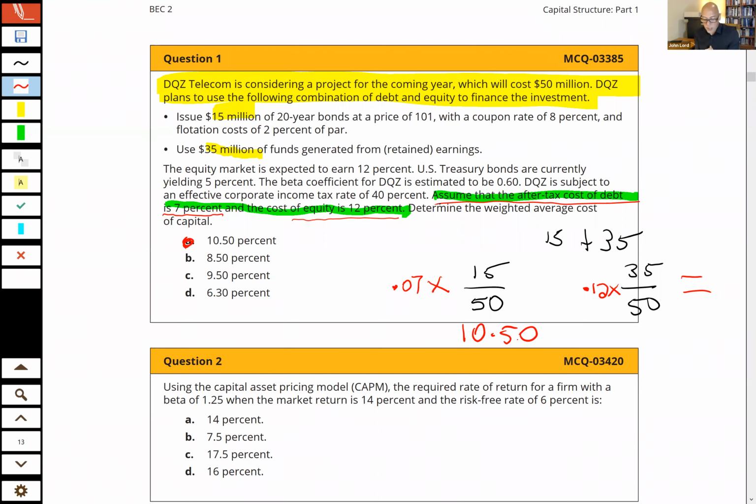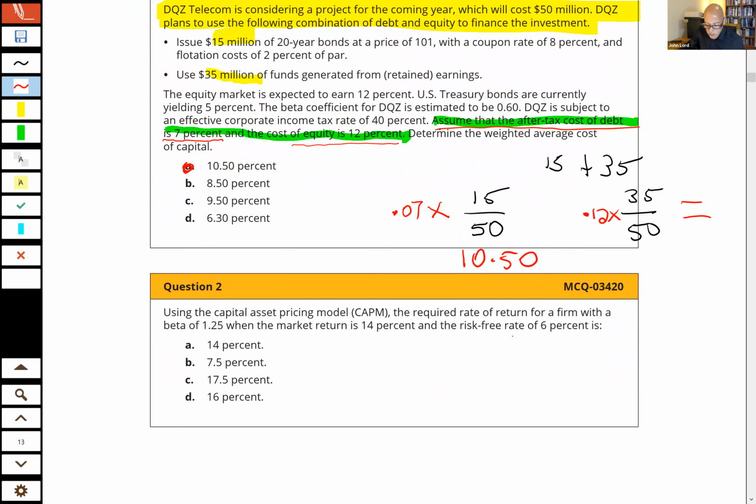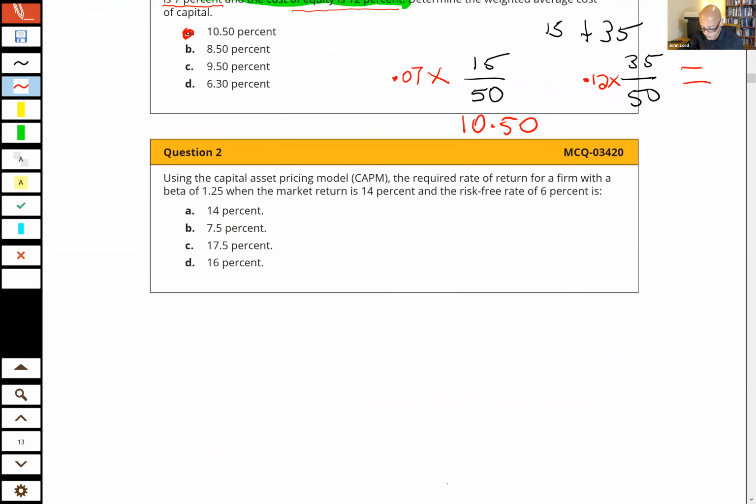So you can see from my own stumble that it is easy to get locked into a lot of that information and start saying, well, where am I supposed to get this? When they basically waited to the very end of the question to give us the percentages we needed to apply to these various types of financing, the debt and the equity, to come up with the answer. Okay, good. Let's take a look at the next one.